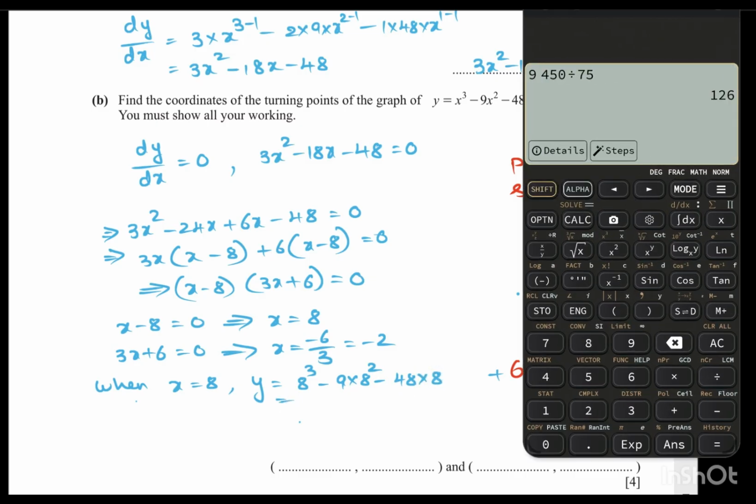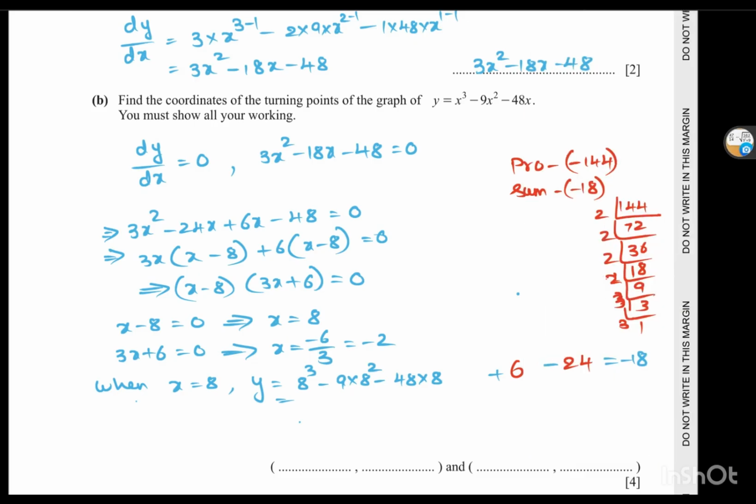Let me do this in calculator. 8 cube minus 9 into 8 square minus 48 into 8 is minus 448. Negative 448. This is the y value. When x is 8, y is minus 448. This is one of the turning points.